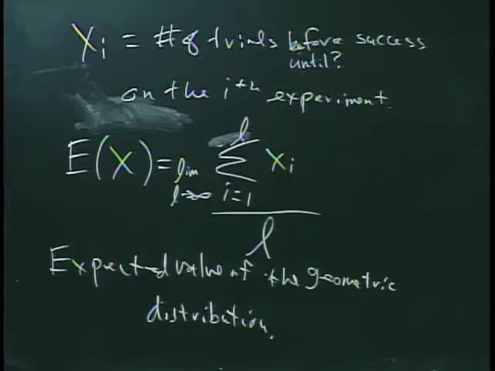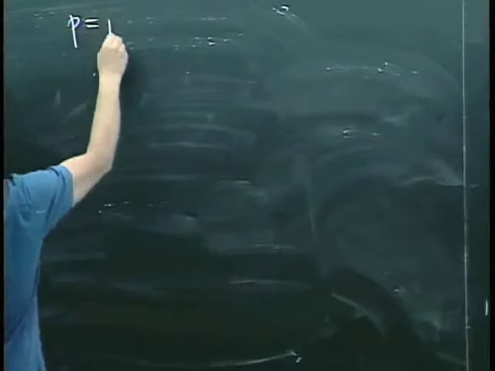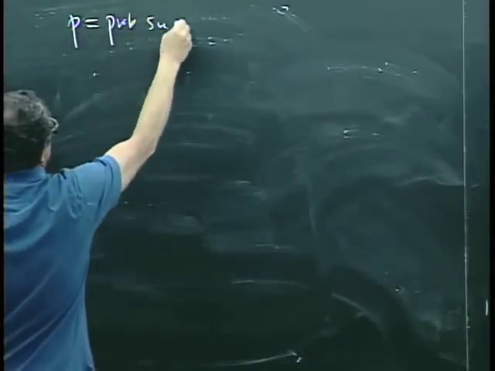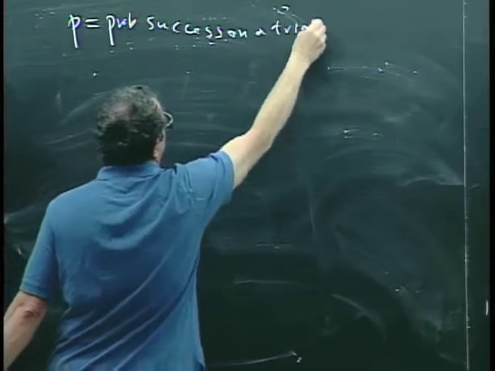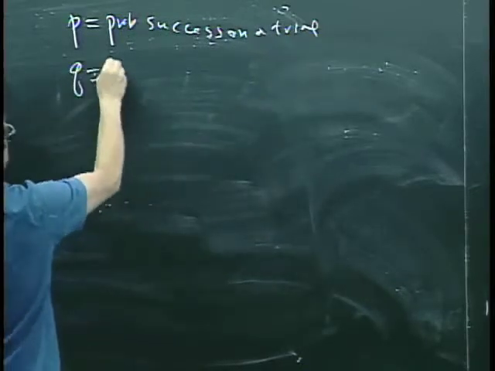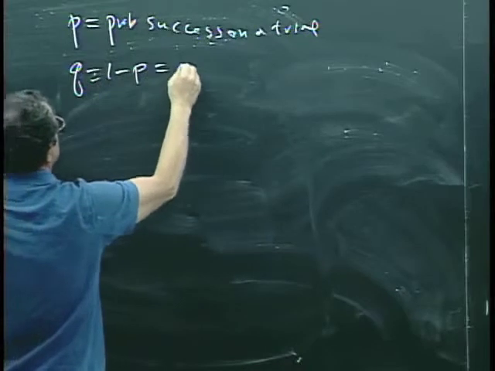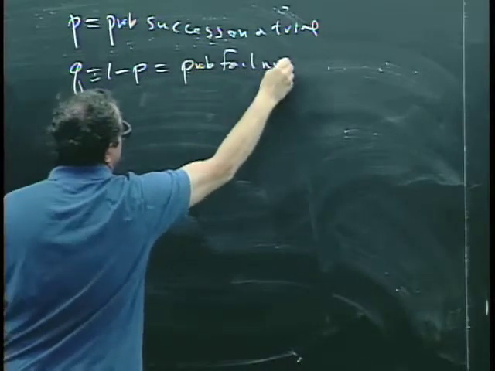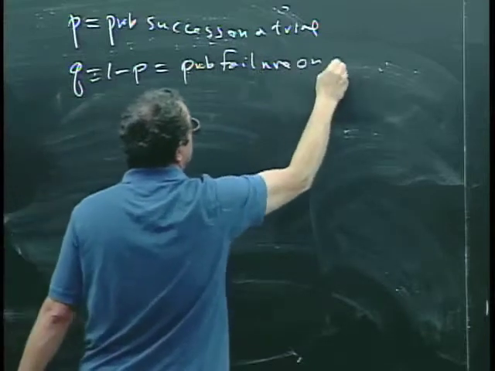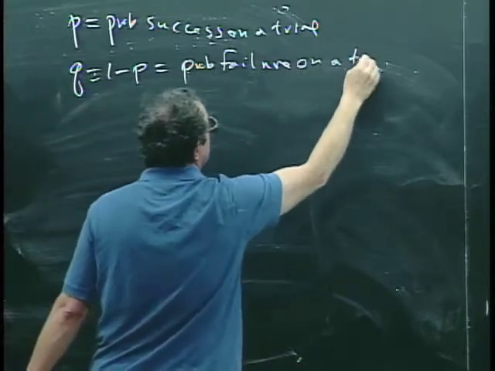That's the only real parameter in there. Okay, so p equals the probability of success on an individual trial. q equals 1 minus p is the probability of failure on a trial.